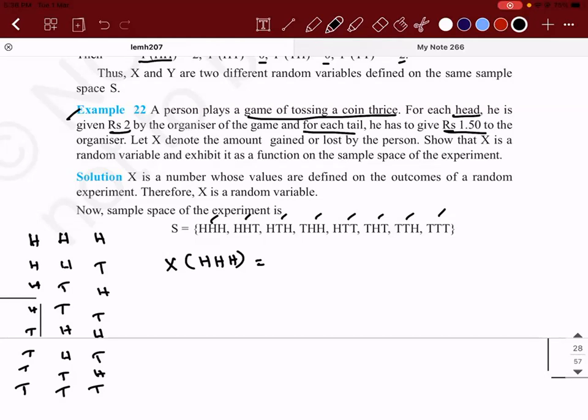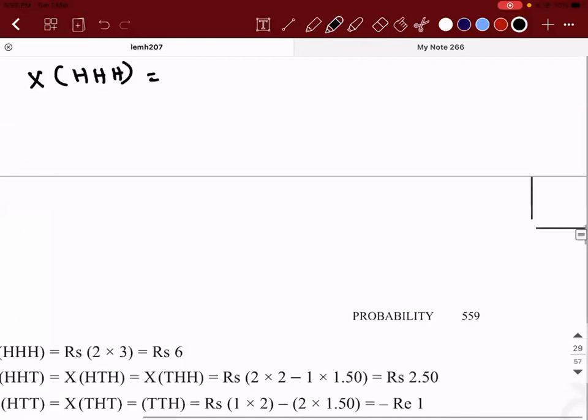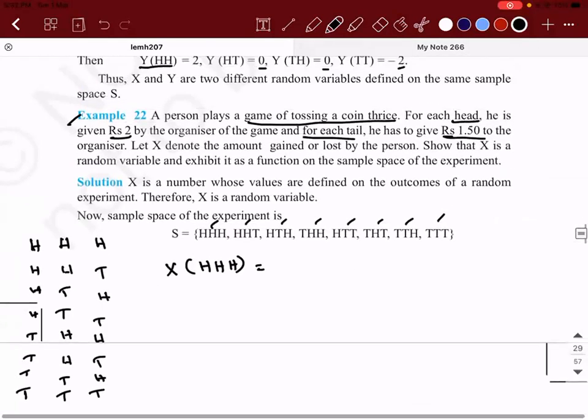So he is paid 2 for each head. So what will be the answer? It is going to be rupees 6.